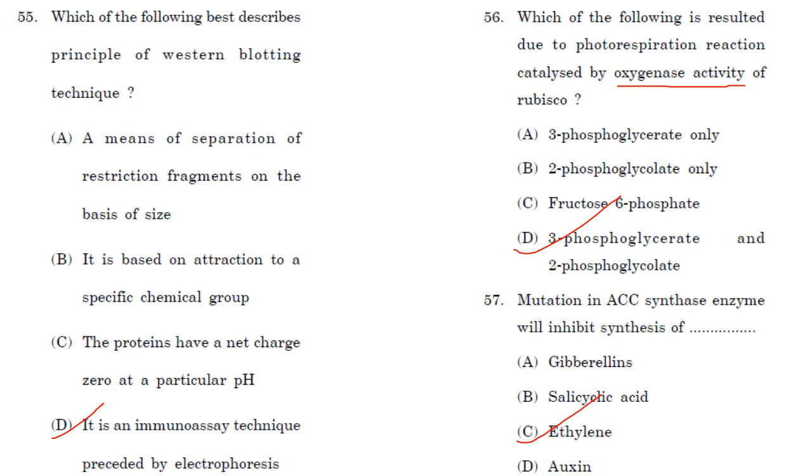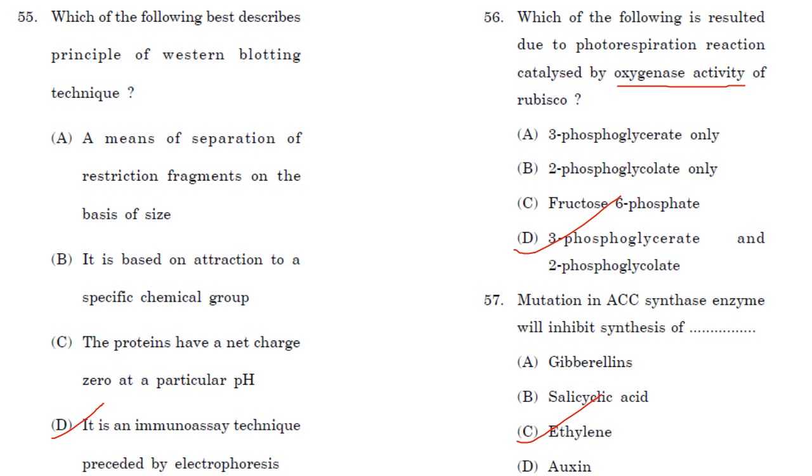Then which of the following is resulted due to photorespiration reaction catalyzed by oxygenase activity of Rubisco? So it is photorespiration. So it is 3-phosphoglycerate and 2-phosphoglycolate. Answer is option D. Mutation in ACC synthase enzyme will inhibit synthesis of.